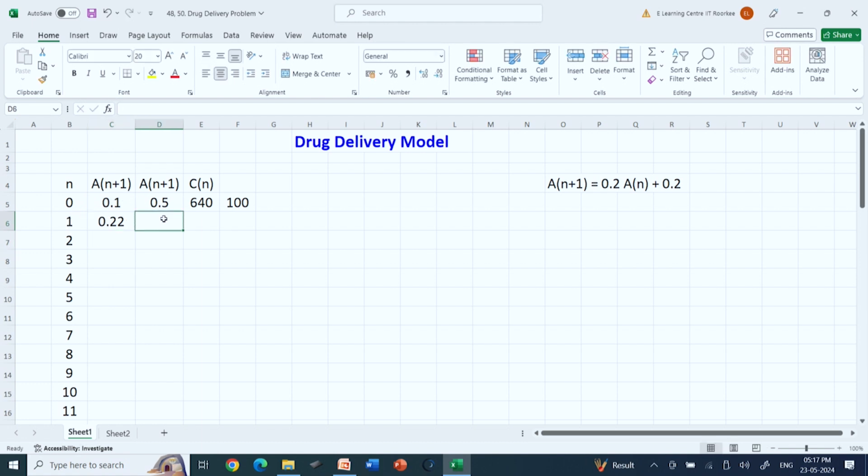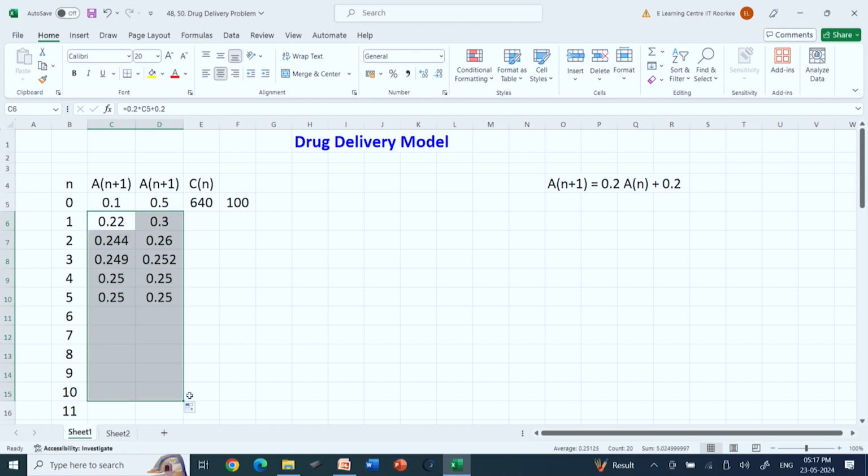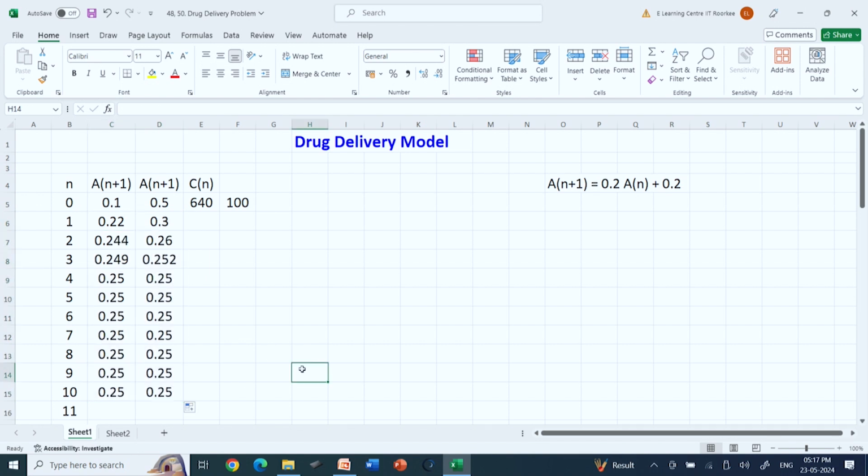I highlight them and calculate the values.